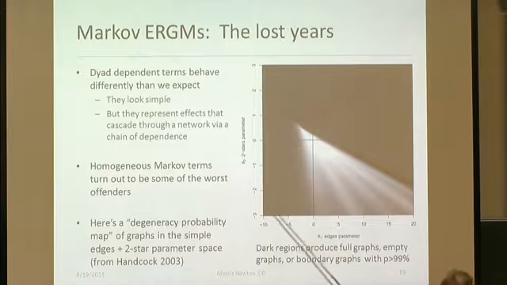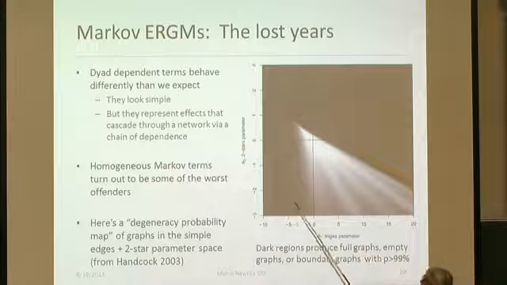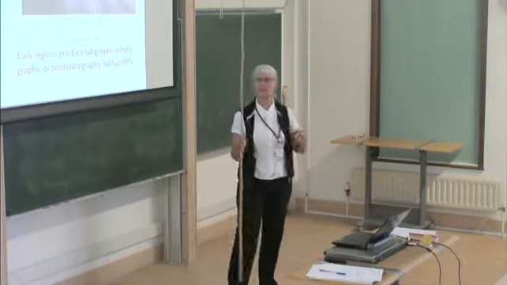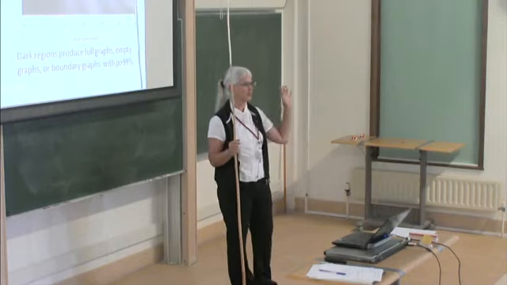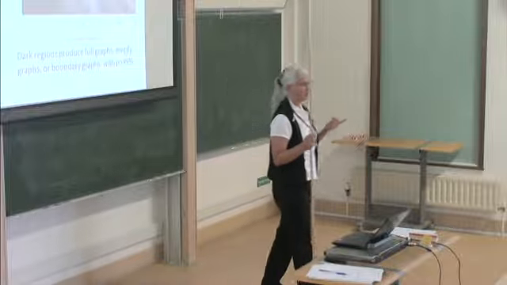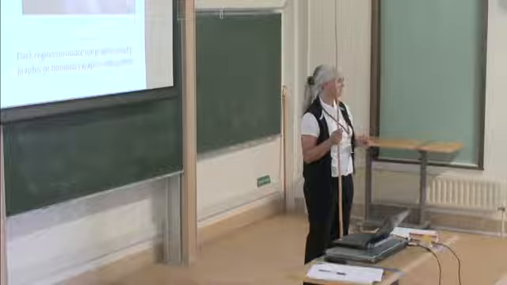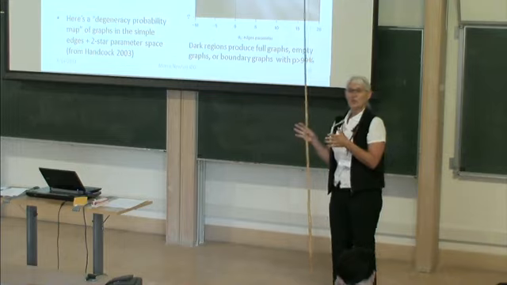And what you end up getting when you put these in the model, especially if you have a very simple model. So this is the parameter space for a very simple model, just the edges parameter and the 2-star parameter. And what you're seeing here is what Mark Hancock called the degeneracy probability map, which is for all of the dark region, this pair of parameters in that simple model will generate networks that 99.999% of the time are either empty or full, or they have exactly one edge, or exactly one 2-star, or the maximal number of 2 stars.